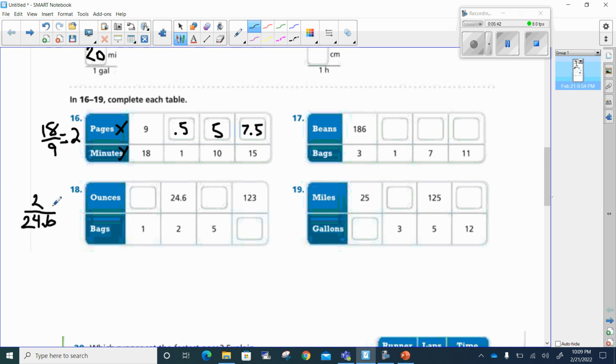We can divide both of these by 2, so we'll divide by 1 in the form of 2 over 2. And that means 1 ounce is going to be equal to 12.3 bags. So this would be 12.3.